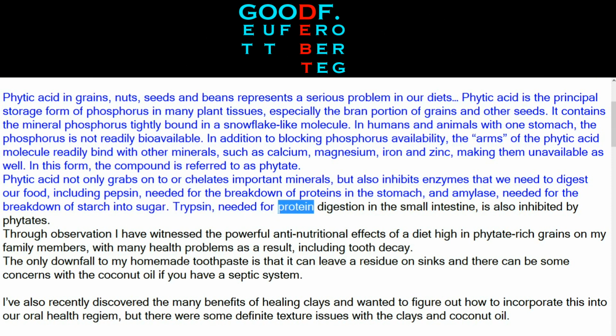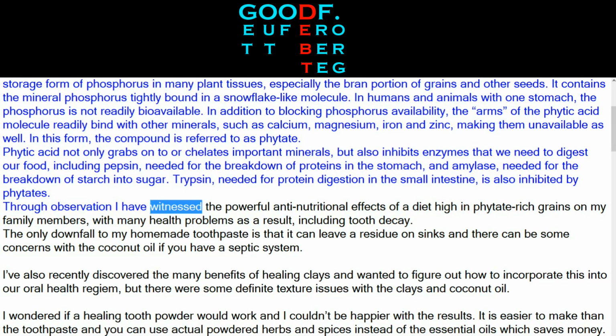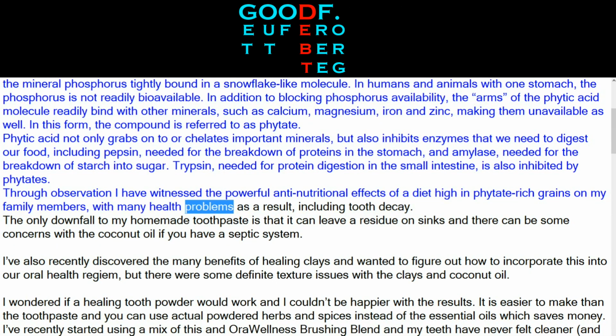Trypsin, needed for protein digestion in the small intestine, is also inhibited by phytates. Through observation I have witnessed the powerful anti-nutritional effects of a diet high in phytate-rich grains on my family members, with many health problems as a result, including tooth decay.